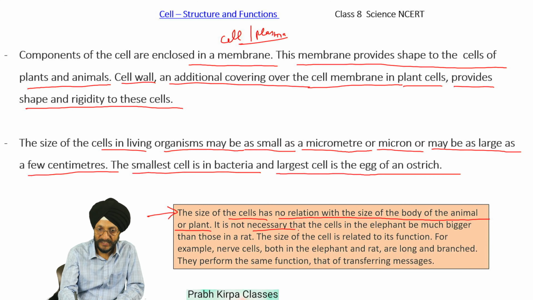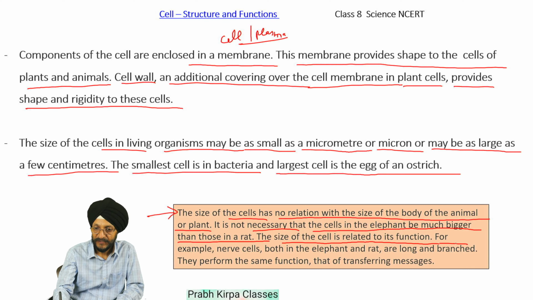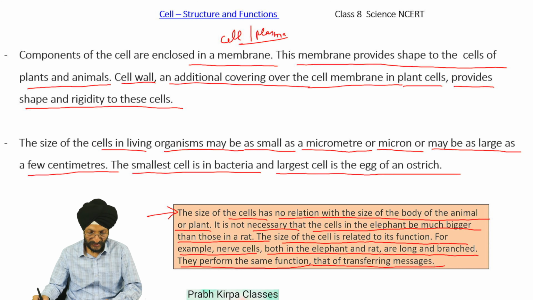It is not necessary that the cells in an elephant will be much bigger than those in a rat. The size of the cell is related to its function. For example, nerve cells both in elephant and rat are long and branched. They perform the same function, that is of transferring messages.